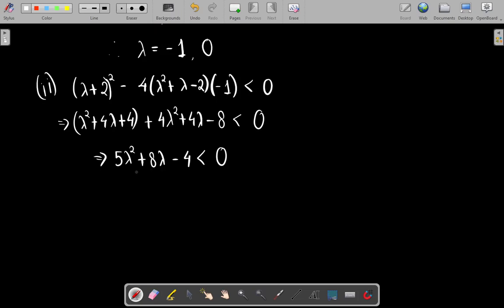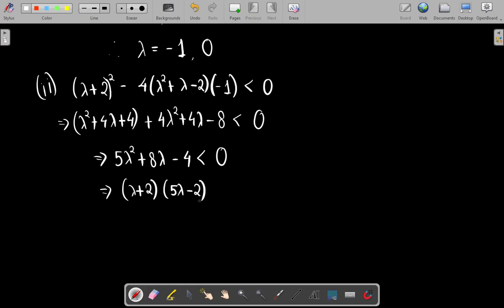Can this be factorized? Product is minus 20, sum is 8, so 10 and minus 2. So 5 lambda square plus 10 lambda minus 2 lambda minus 4, giving (lambda plus 2) times (5 lambda minus 2).